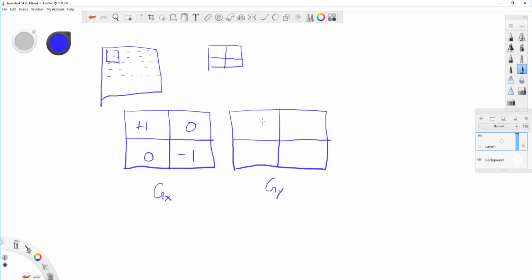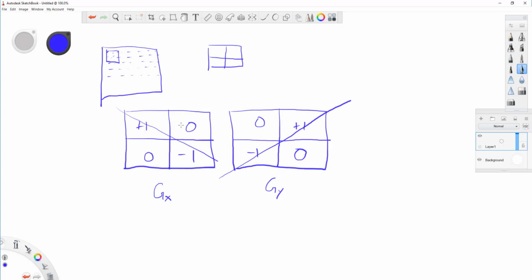And this is exactly the same numbers, but rotated by 90 degrees: 0, plus 1, minus 1, and 0. Here it's aligned along this direction, and here it is aligned along this direction. That's why we are applying these two. They are designed to respond to edges running at 45 degrees to this pixel grid.